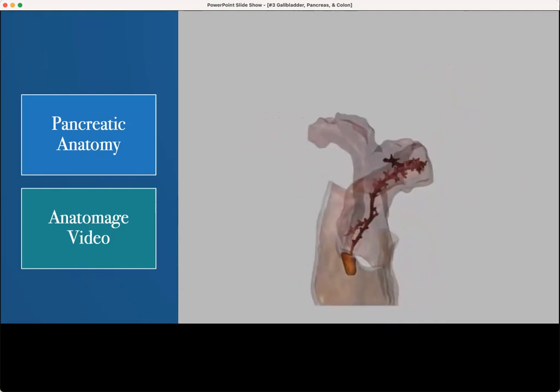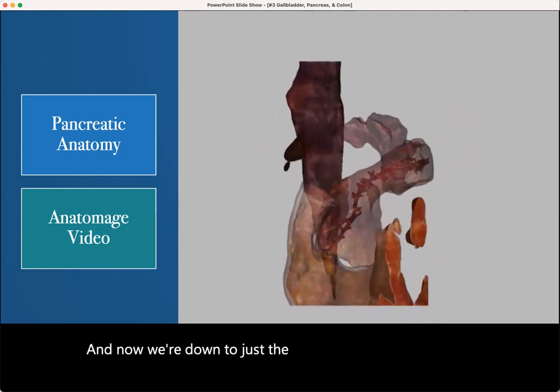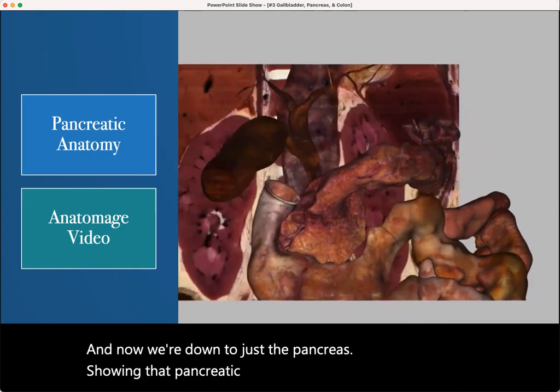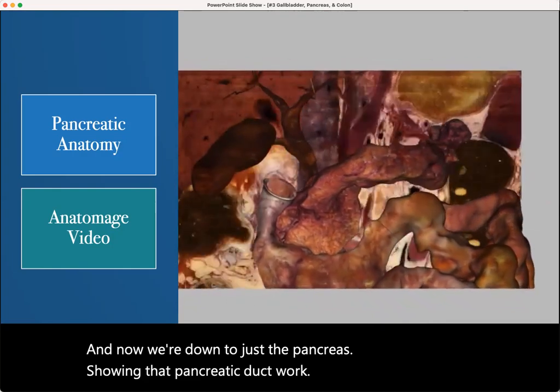And now we're down to just the pancreas and showing that pancreatic ductwork. Now the body's coming back.